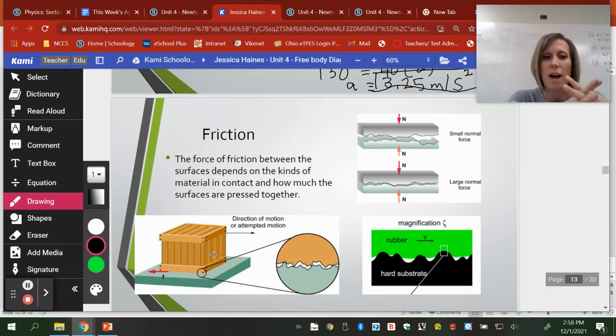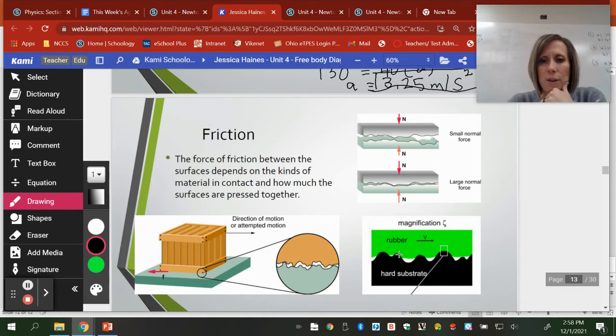So if you're trying to slide a box across carpet versus across poured cement, the type of cement that's really rough, or a piece of sandpaper, think about what the substances are made of. There are different coefficients of friction that dictate how much friction occurs between two surfaces.